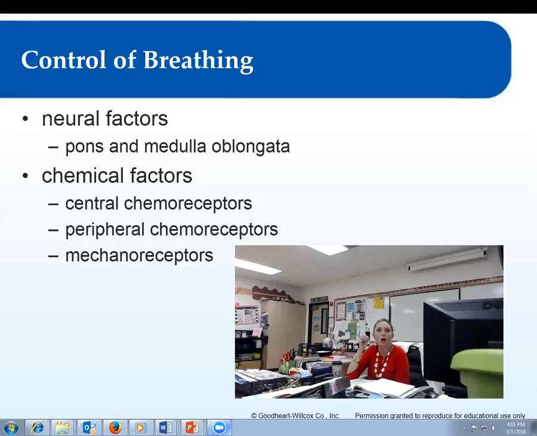So the more oxygen our body uses, the more carbon dioxide it's going to produce. It says in excessive quantities, carbon dioxide can be dangerous because it's the only chemical that can cross the blood-brain barrier. Remember we were talking about the blood-brain barrier in the nervous system? A lot of drugs cannot get through, and some things can and some can't. And carbon dioxide is one that can.